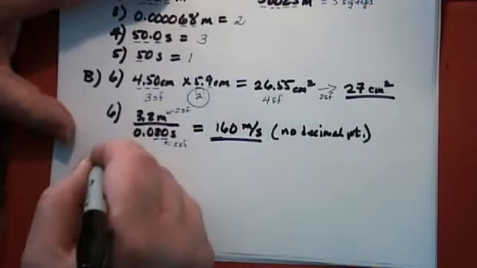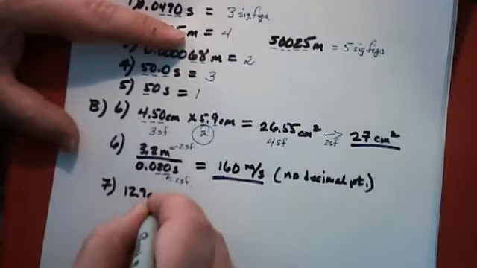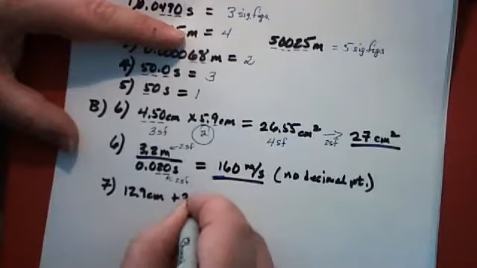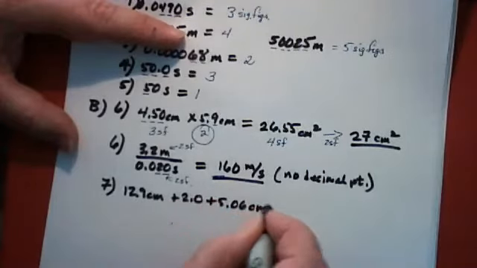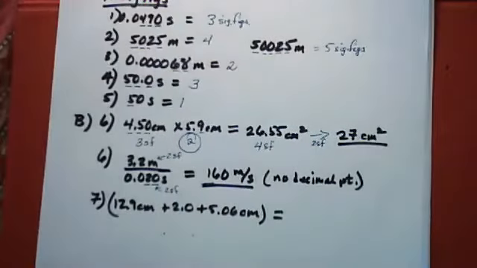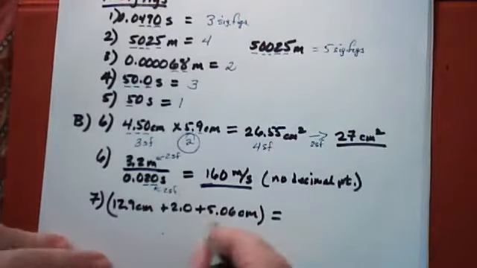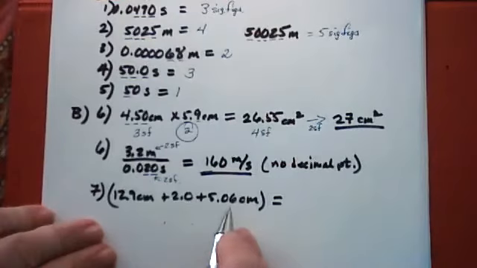All right, so in number 7, we have 12.9 centimeters plus 2.0 centimeters plus 5.06 centimeters. Now, remember, for addition and subtraction, it's not total number of significant figures we're concerned about, it's the number of decimal spaces.